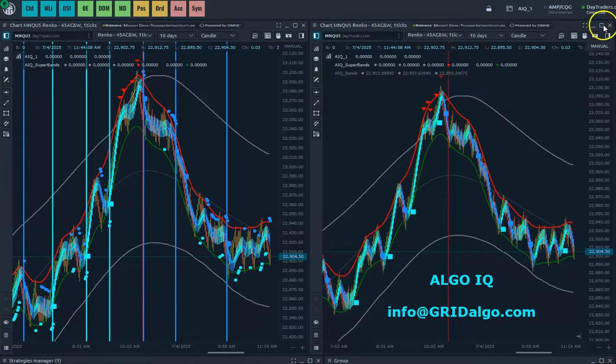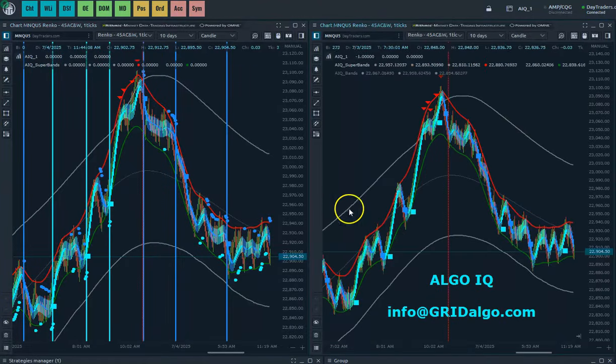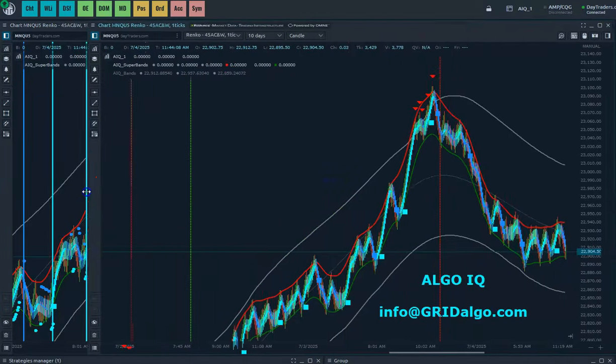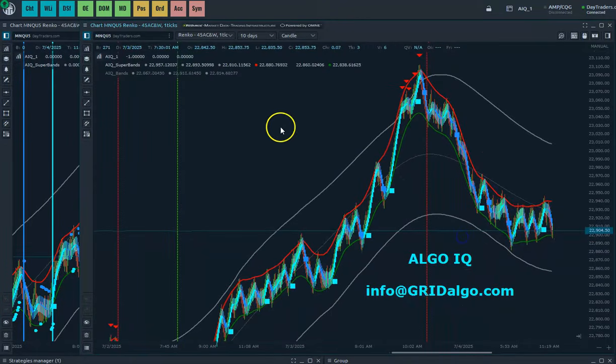So right here, I have the AIQ1 indicator. Actually, let's just keep it in that mode. And let's expand this a bit. Now I do have some other indicators on the chart. I have one set of bands that I have turned off visually. I have the super bands set on.